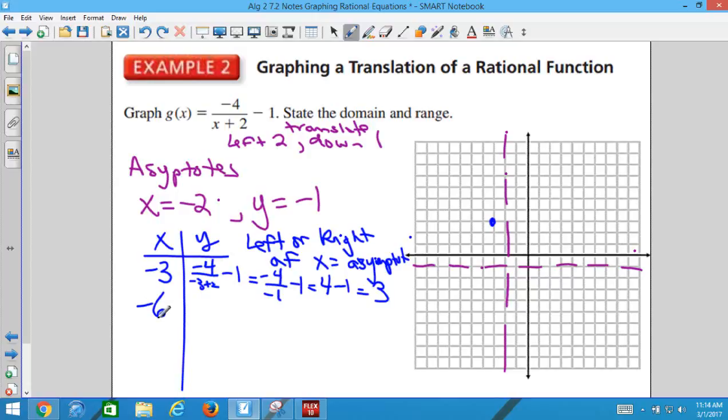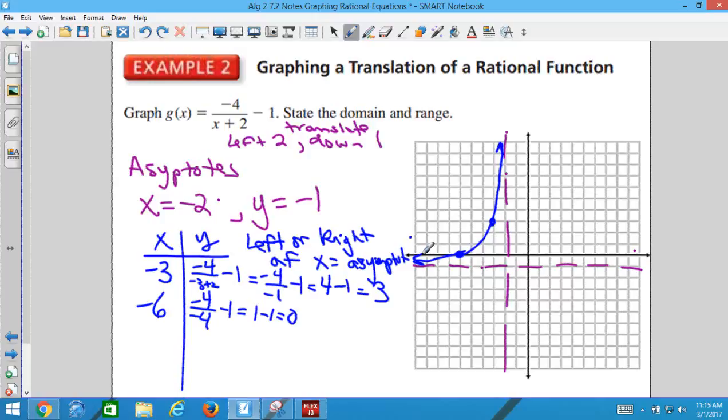So we plug in negative 6, I'm going to get negative 4 over negative 4 minus 1. So you get 1 minus 1, which is 0. Negative 6, 0. And in my opinion, that's good enough for that side. I can tell that it's going to kind of curve around and go towards the asymptotes from there.